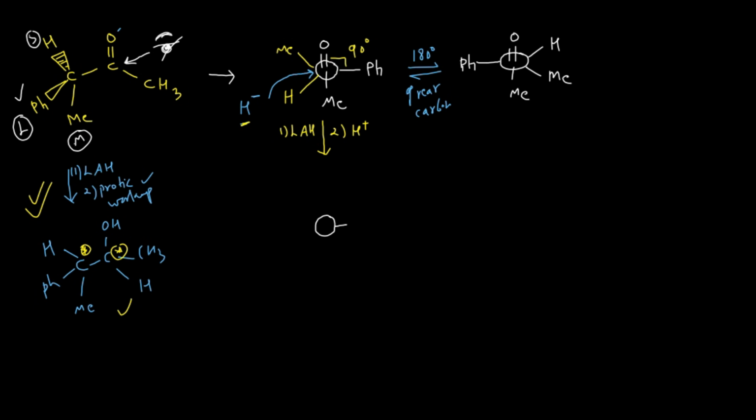See, this is my Ph, which is present on the rear carbon, and this is my Me, which is present on the rear carbon, and this is my hydrogen, which is again present on my rear carbon. Okay, so I am not touching the rear positions, because the reaction is taking place on this front carbon, this carbonyl carbon. So hydride is coming here, so H will come like that only.